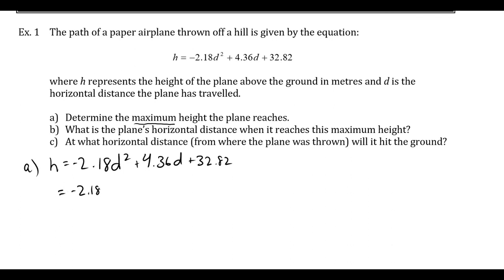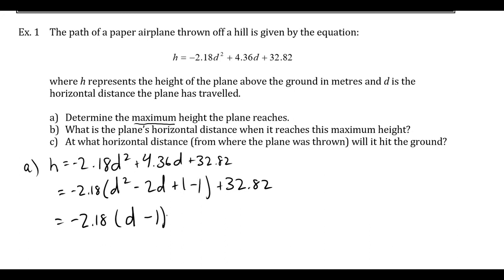Negative 2.18 bracket. So I'm going to end up with d squared here. And I'm going to need to divide with my calculator. Okay, and that one worked out as well, so it ended up being negative 2d. Divide that by 2, square it, so that's plus 1 and minus 1. And then plus 32.82 on the end. Negative 2.18. So d minus 1 squared.